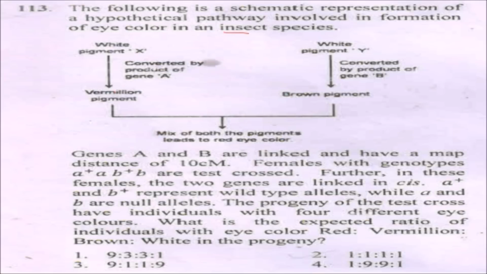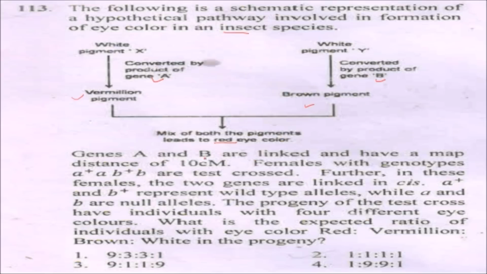Here X is converted into vermilion pigment with the help of gene A, and gene B will convert the white pigment into brown pigment. When both the pigment genes are there, it leads to the mixing of the pigments and results in the red eye color.